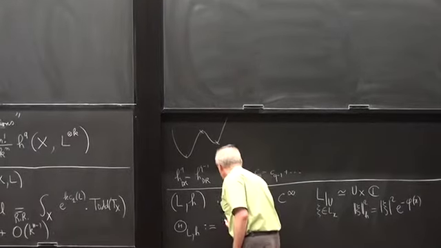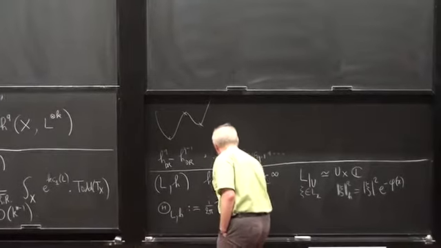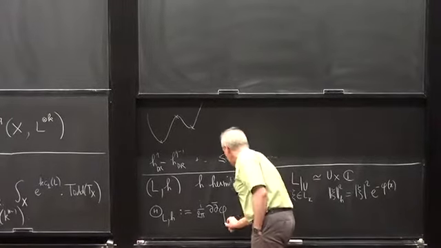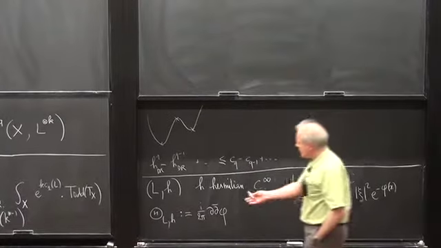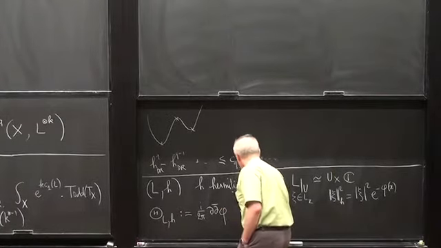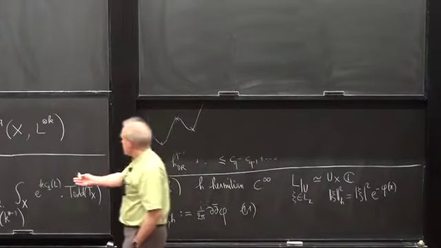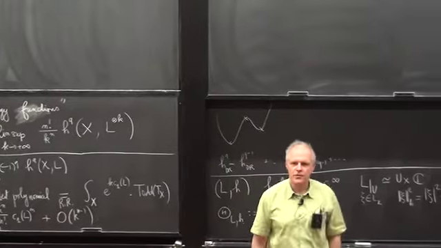You take i over 2 pi times d d-bar of the weight phi here. And this does not depend on the choice of the trivialization, and gives a real form of type 1-1. And then the Chern class is just the cohomology class of this form of type 1-1.